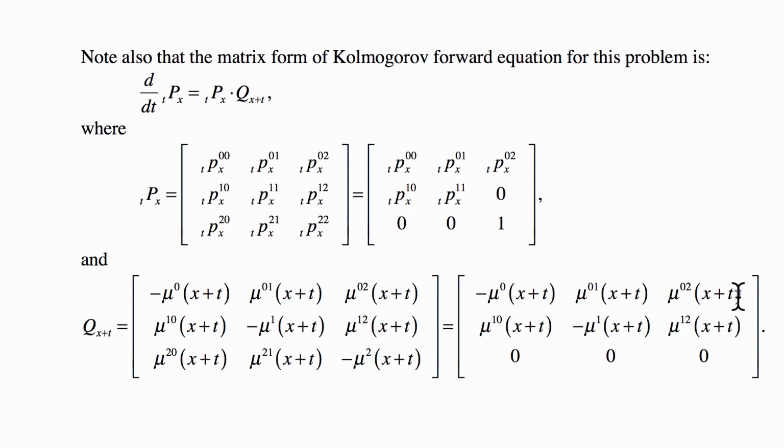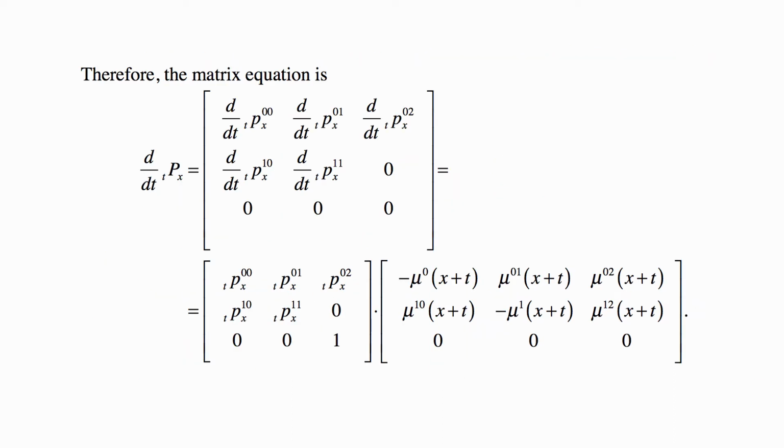So given this, we know what the form of the Kolmogorov forward equation in matrix form is. We can write it out now. So this is the form of the matrix equation that we get. We take all these derivatives and we multiply the two matrices, and so that tells you, for example, that if you take the first row, first column entry, this d over dt tpx00, that's going to be equal to the dot product of the first row and the first column in the second pair of matrices, so the right-hand side pair of matrices.